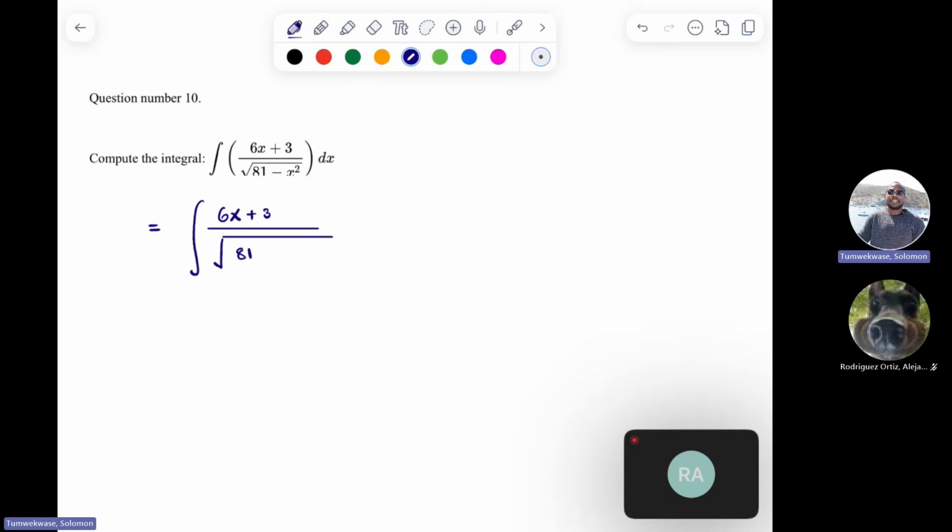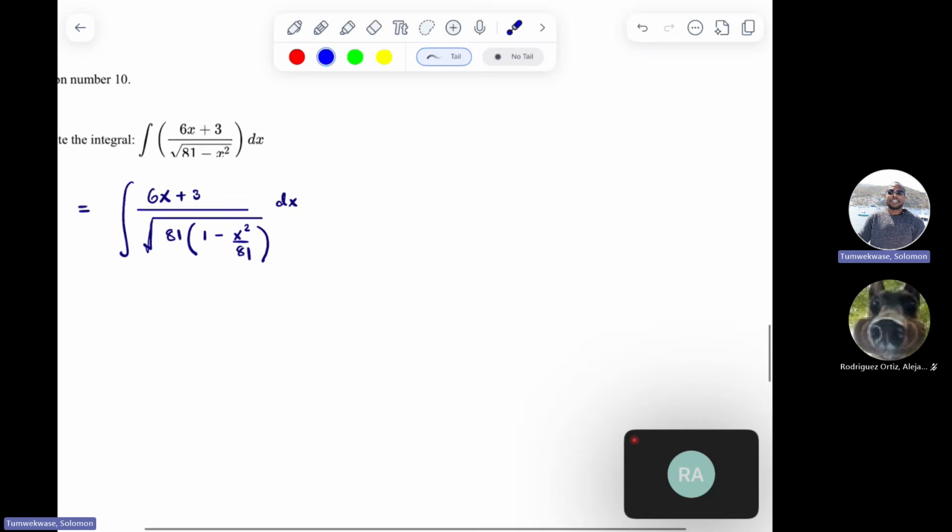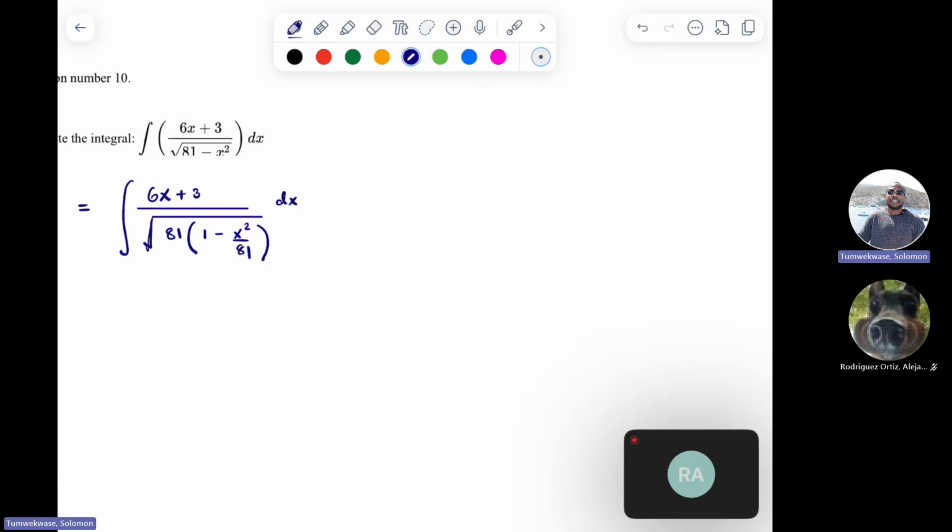If I pull out 81, then I'll have 81 into 1 minus x squared over 81, then dx. Please note that if I open this bracket here, then I'll go back to 81 minus x squared, which is the original guy there. But don't forget that in this case, we have a square root. Previously, concerning arctangent, we don't have that square root, so you should be careful with that, really.